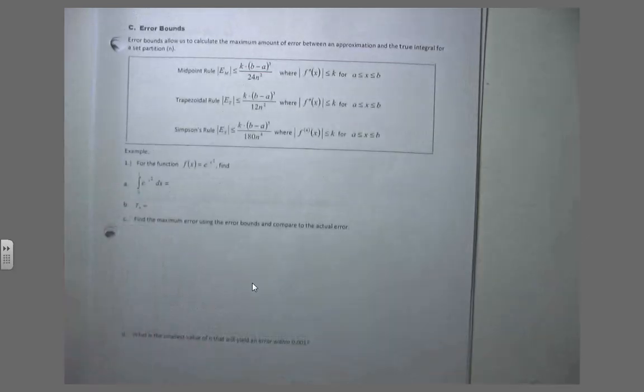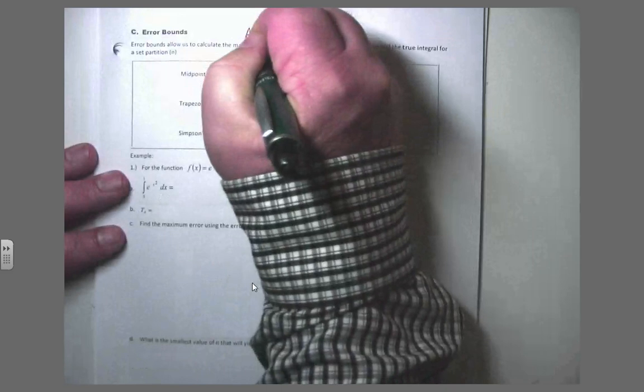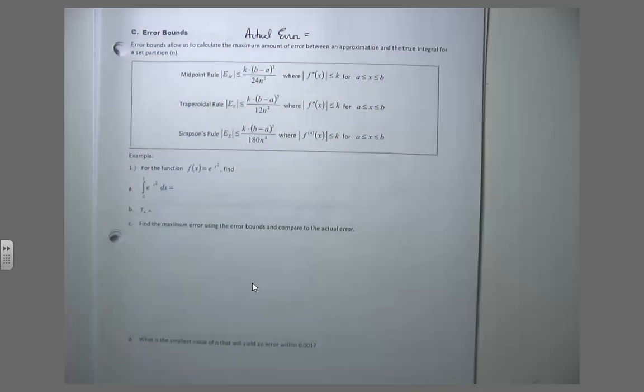Now, if you turn your page over, the next thing after you learn how the process of how the midpoint, trapezoidal, and Simpson's rule works is something called error bounds. Now, we have something called the actual error. To calculate the actual error of a problem that you've done, the Simpson's rule or trapezoid or midpoint or whatever Riemann sum you did, the formula is this.